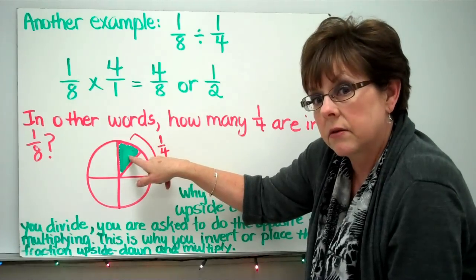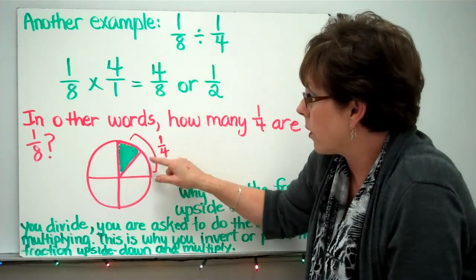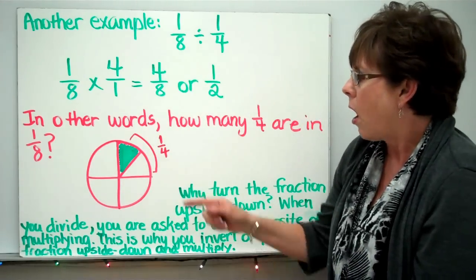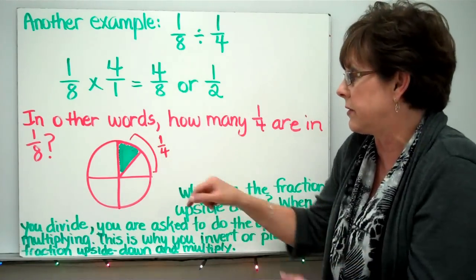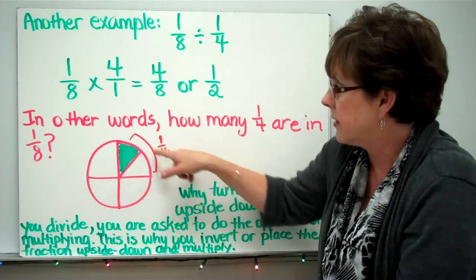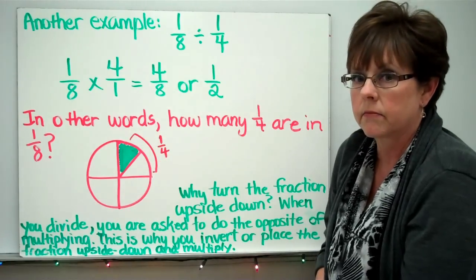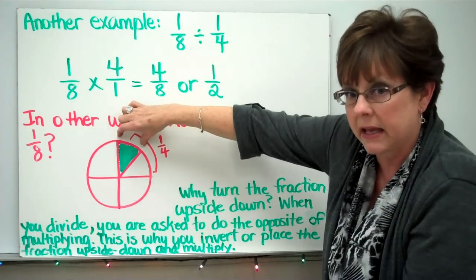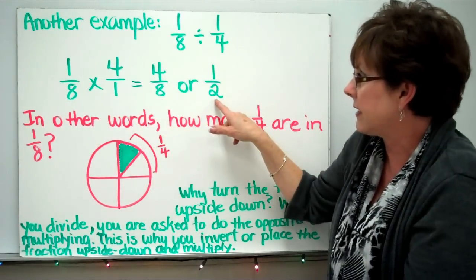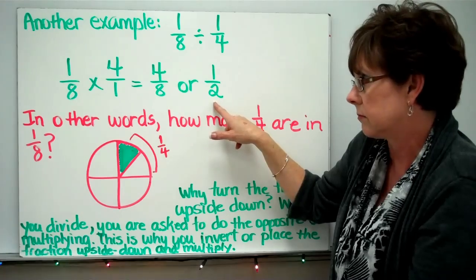This is an eighth. How many fourths can you fit into an eighth? Well, you can't fit an entire fourth into an eighth because look, the fourth is twice as big. You can only get a half of the fourth in an eighth. That's why it came out to a half.